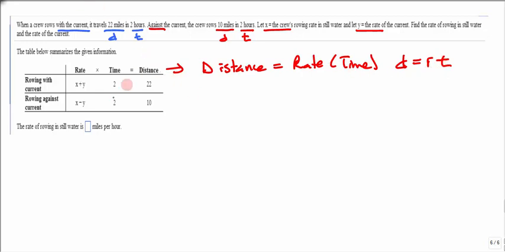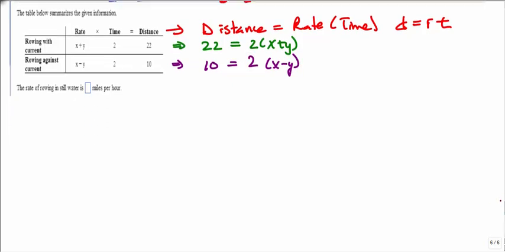So for our first equation, I would have 22 equals distance, rate is x plus y, and time is 2. So here's my distance equals rate times time. Now for my second equation, my distance is 10, my rate is x minus y, but I'm still having a time of 2. So this is my system of equations. So I need to solve this system.